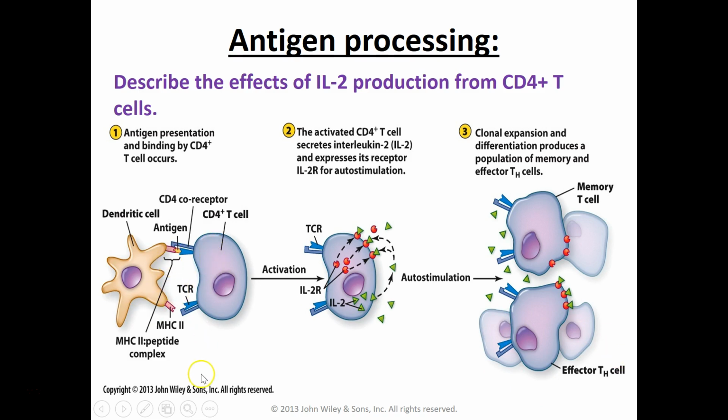What did they get exposed to? And then memory cells that'll hang out in your lymph nodes, your spleen, your lymphoid associated tissue, different areas, in case the bad guys come back. So what does IL-2 do? It auto-stimulates helper T cells to proliferate. It talks to itself.